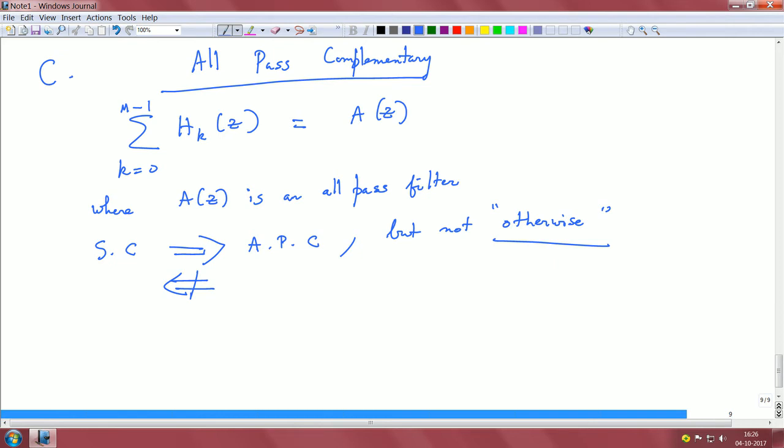Now, but if you ensure that this is satisfied, we can at least guarantee that the reconstruction is free from amplitude distortion.